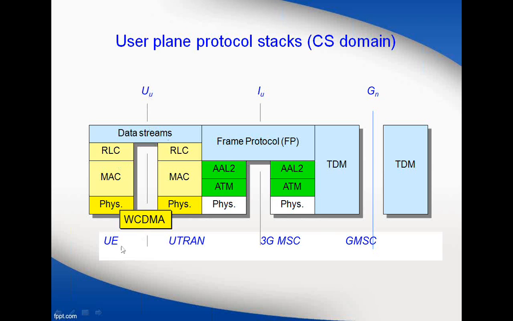As we said, it's between the user equipment and the Node B and the RNC. When it talks to a 3G MSC, you have the Iu interface, and a normal GMSC is required whenever there is communication with a different network. This is how the mapping is done.